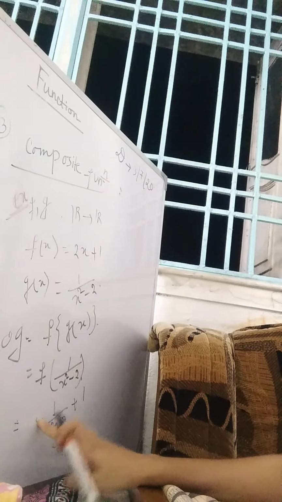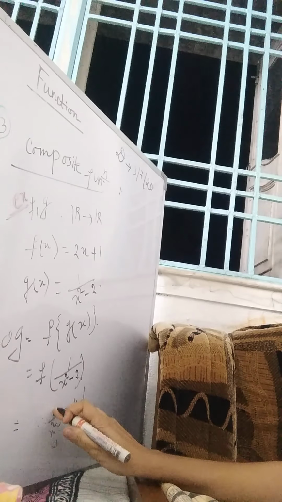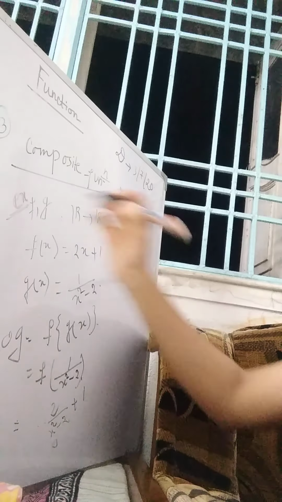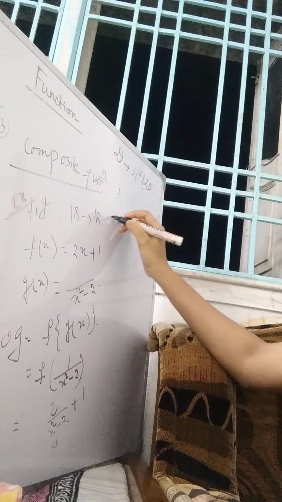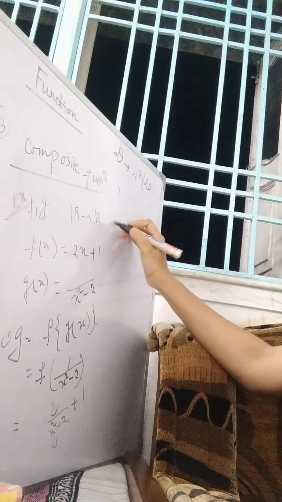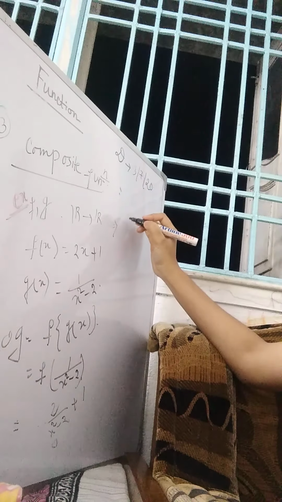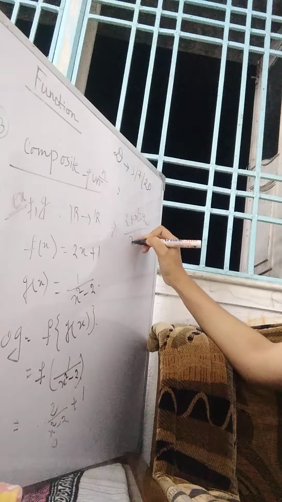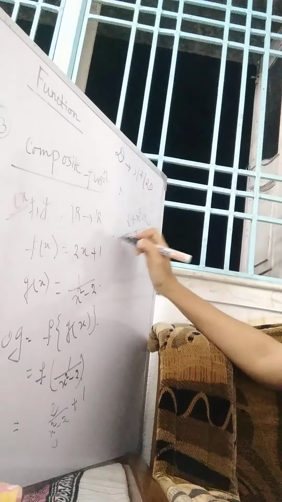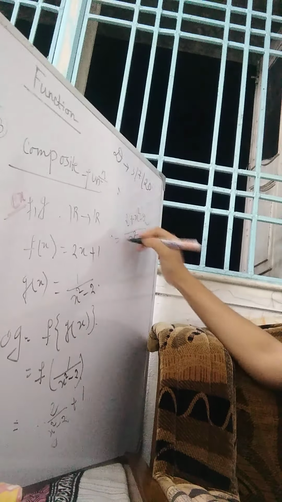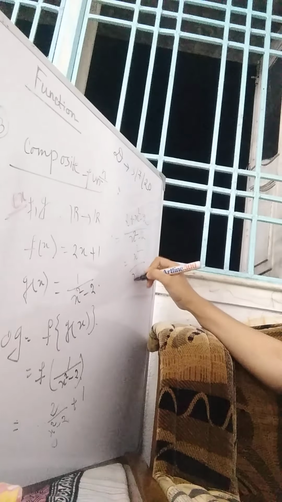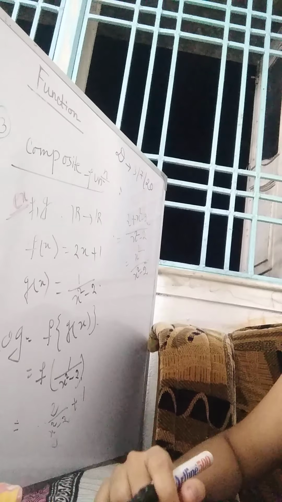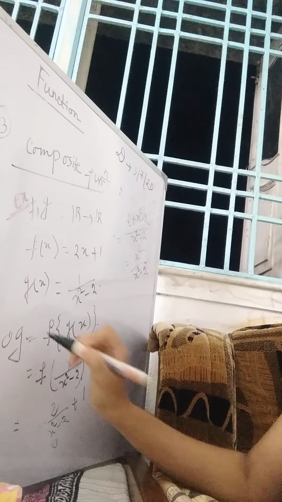That is 2 by x square minus 2 plus 1, which equals 2 plus x square minus 2 by x square minus 2, that is x square by x square minus 2. Clear? And by this process you can find g naught f also.